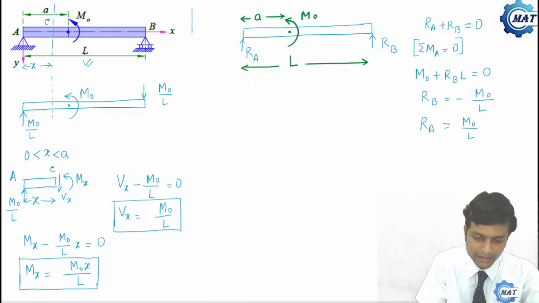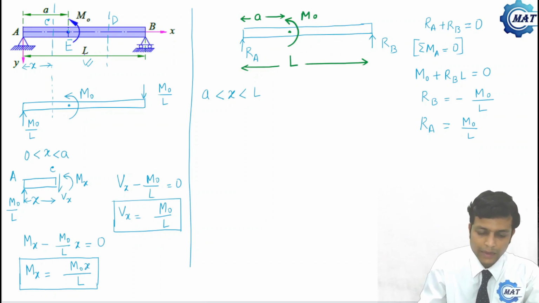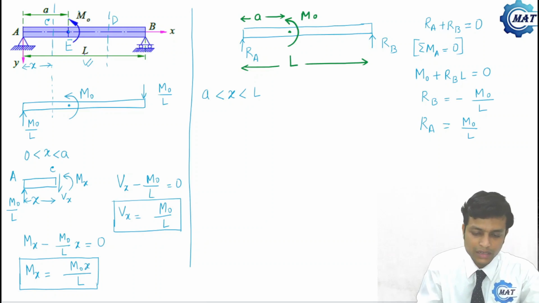Next we have to take another section through here. So say this is point D. For this section, the range of X is X greater than A less than L. At point E, at distance A, there is a discontinuity of load because there is a concentrated moment M0. So we have to take two different sections.